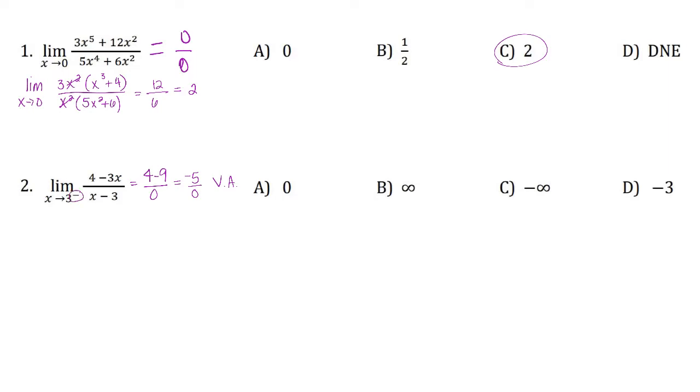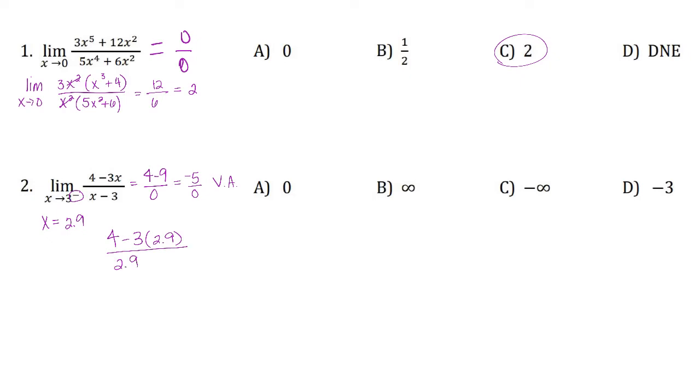Now we want to approach from the left, so this is where we chose a value, let's say 2.9, a nice value to the left of 3, and we subbed in, and we were not really interested in the final number so much as we were with the actual sign of it.